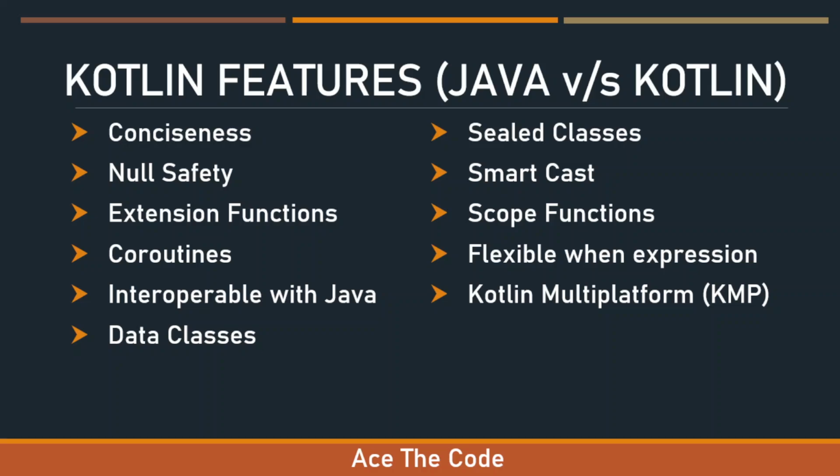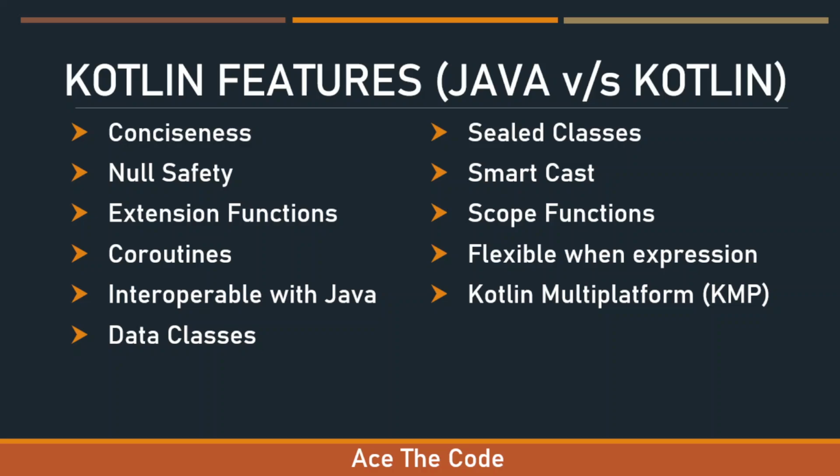Kotlin is also developed to have support for multiple platforms, which is called Kotlin multi-platform, KMP. This means that I can write one particular class, and if I am writing it for Android, the same class can be used for iOS application development, the same can be used in web application development, backend application development, and so forth.